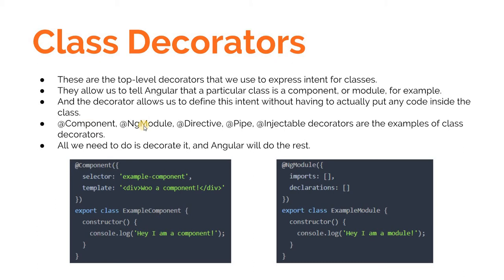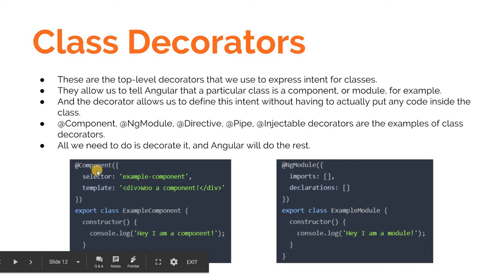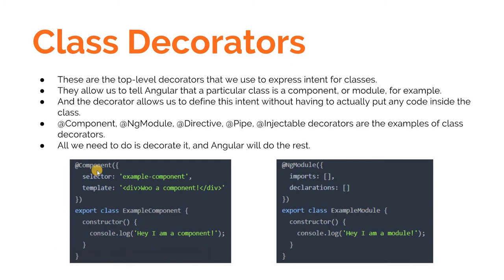The NgModule decorator tells Angular that this particular class is going to be a module. The Directive decorator does that for a directive, the Pipe decorator for a pipe, and the Injectable decorator for a service. All we need to do is decorate a class with these decorators, and Angular will already know our intention for that class.